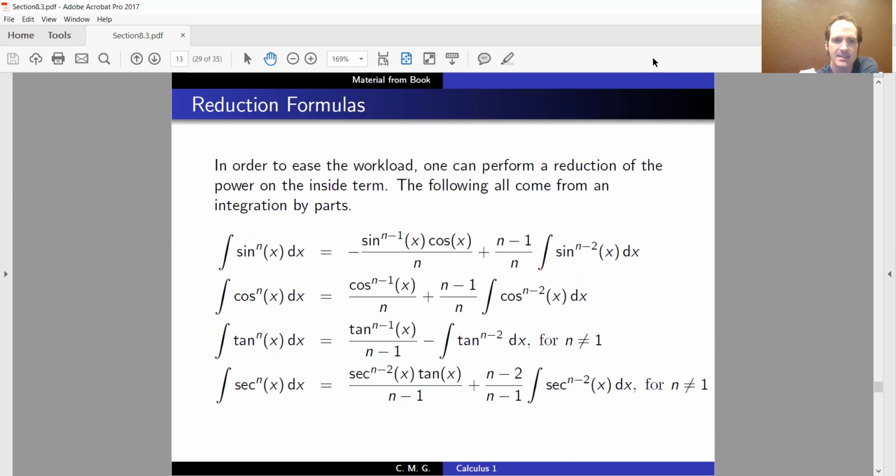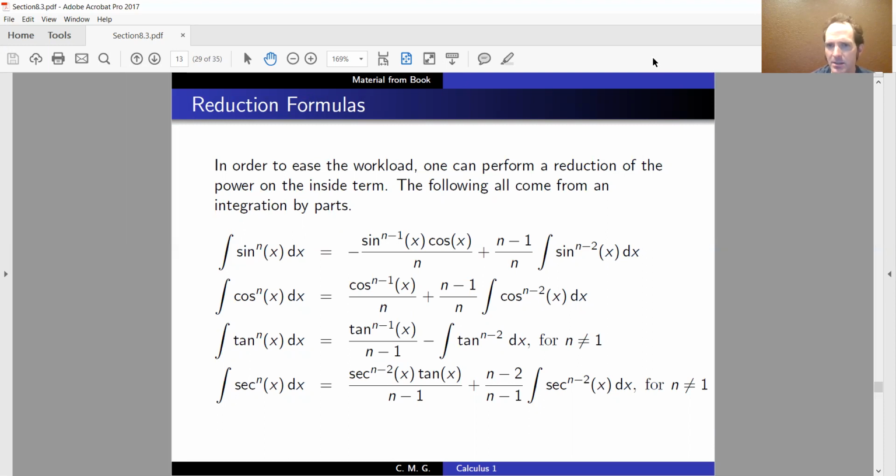So if I have sine to any power n, I can rewrite that as negative sine to the n minus 1 of x times cosine of x, all over n, plus n minus 1 over n times the integral of sine to the n minus 2 of x, integrated with respect to x.